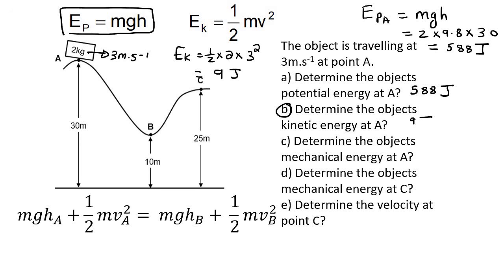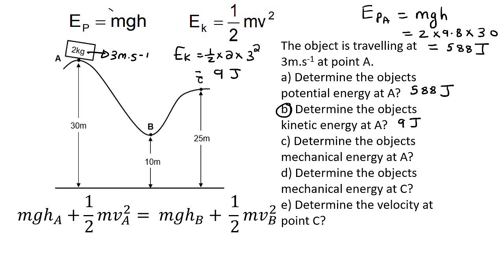So before we even go on to the rest of the questions, remember what I told you in the previous slide. We said that this object has 2 types of energy. It has energy because of its height, that is called potential, and it has an energy because of how fast it is moving, and that is kinetic.